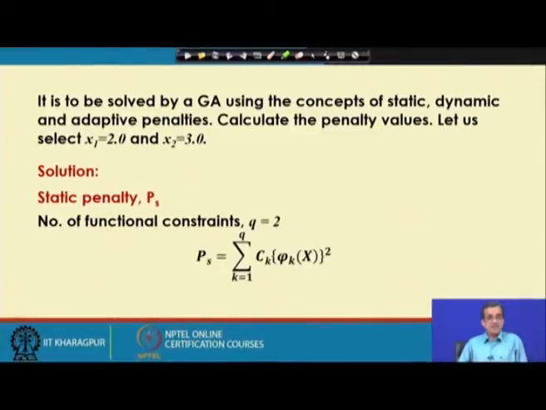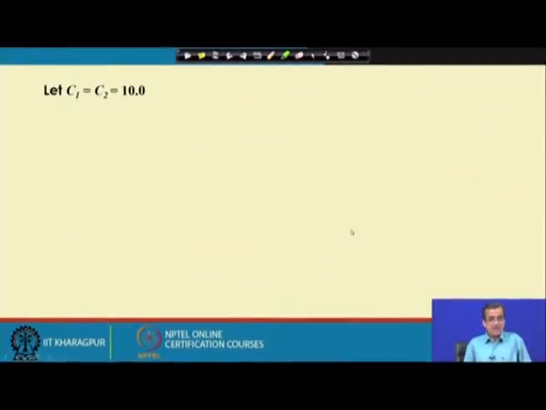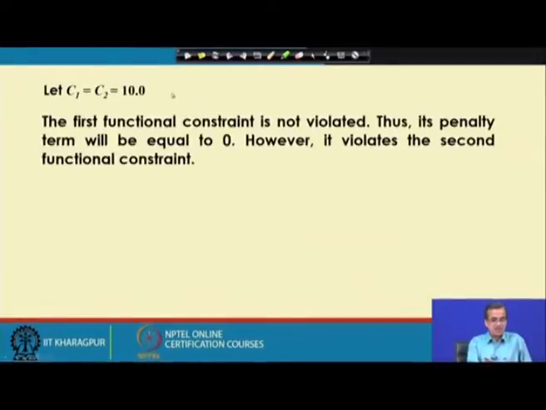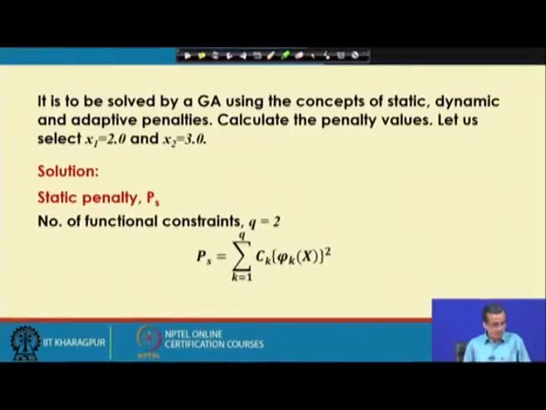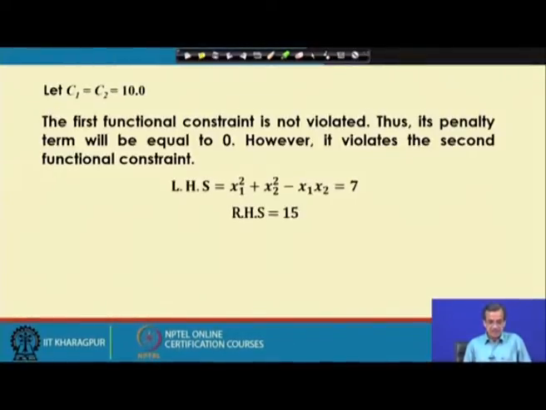In static penalty, here we have two functional constraints, so q equals 2, and the static penalty, denoted by P s, is summation k equals 1 to q of c k phi k of x square. Let me assume that c 1 equals c 2 equals 10. Here the first functional constraint is not violated. Now, let us check the first functional constraint.